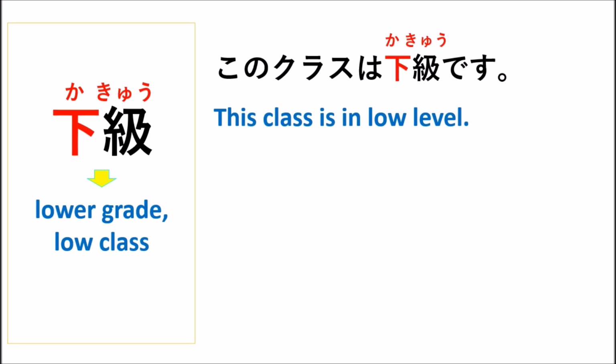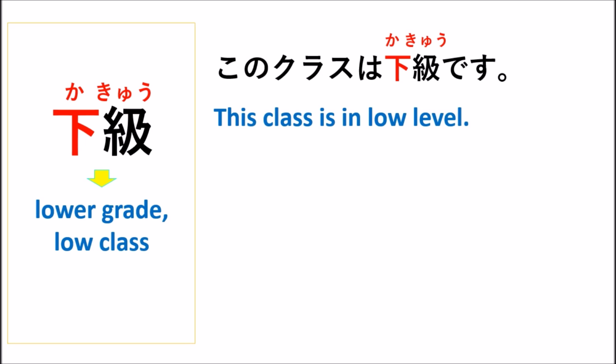And the second kanji is Q, which means the level or grade. So when we use ka-Q, it means low grade, low level, or low class. It just depends on what you use it with.